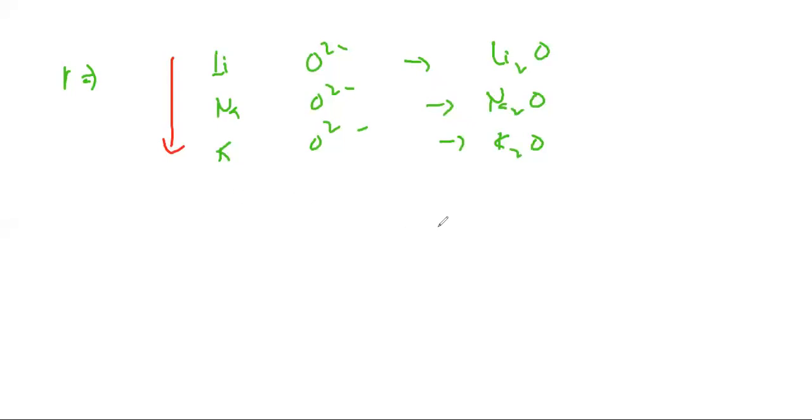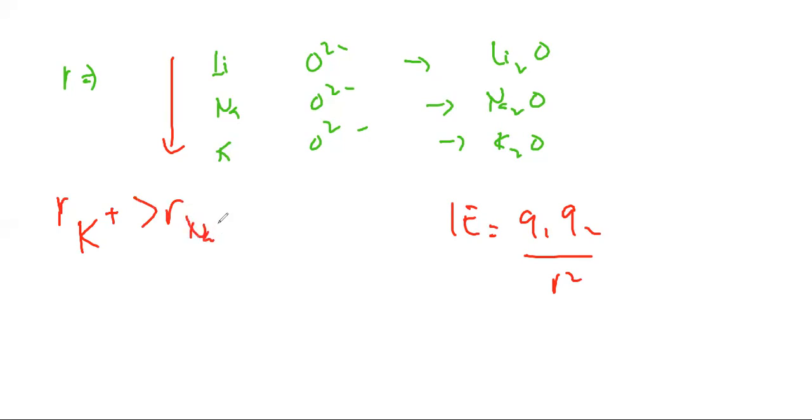If we plug into the previous formula, Q1 Q2 divided by R squared, the radius of K+ is greater than that of Na+, which is greater than that of Li+.